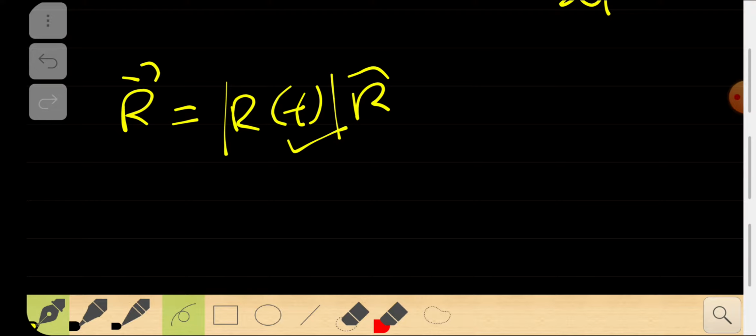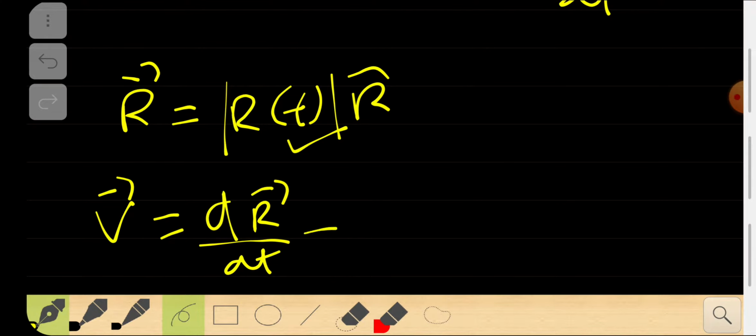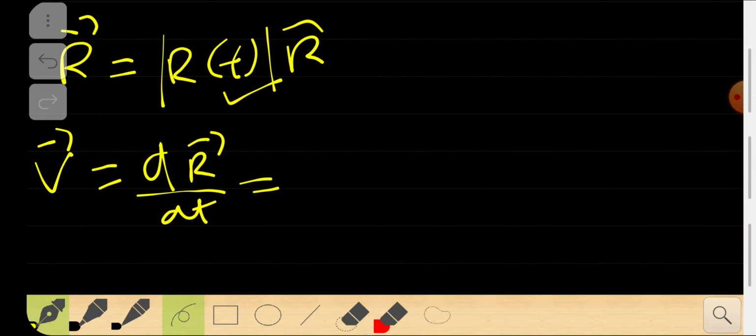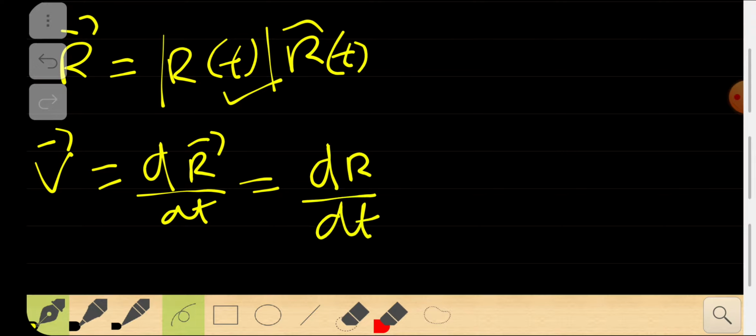Now when you calculate the velocity vector, which is dr by dt, you have two functions which are both functions of time. So you have to apply the product rule. You take the derivative of the first function, dr by dt, which is a function of time, times r cap, plus the first function r times d r cap by dt.